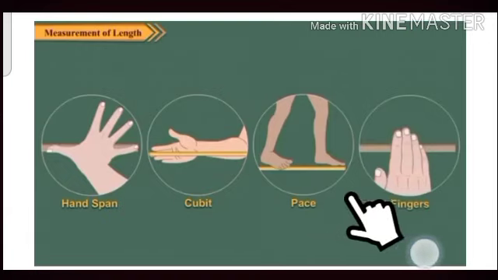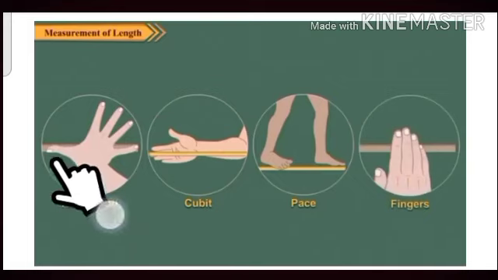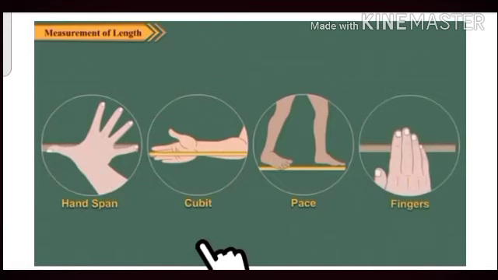Here I list out some non-standard units. This is hand span. This is cubit, pace, fingers, foot span. Now it's time for a small activity.